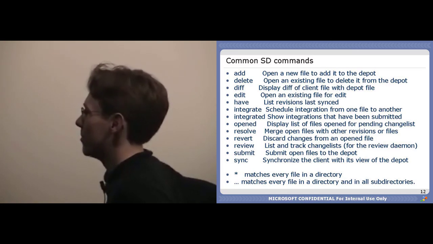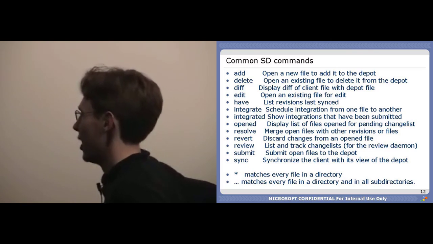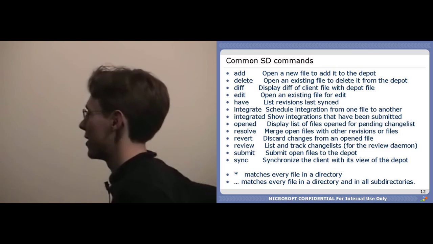You review them, I don't ever use that one. You submit them, and then that puts them in, and you sync, and that's what you always use to get your files. Your regular expression sort of happiness is: star matches everything in a directory, and ... matches everything.